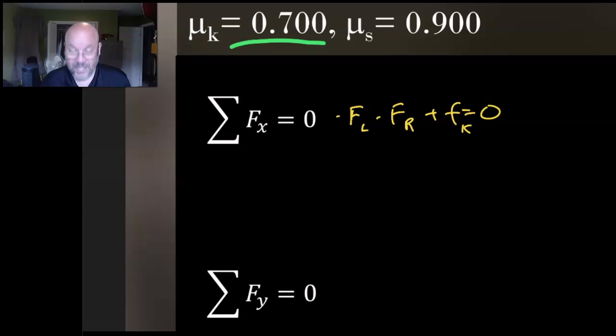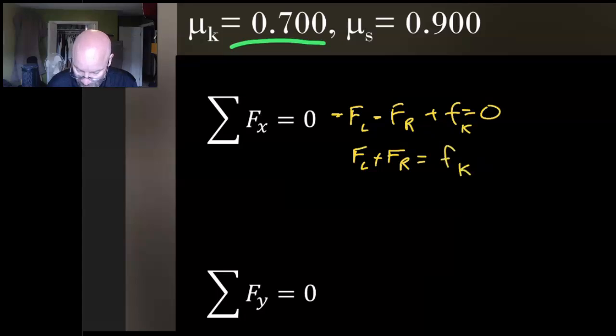So we get minus FL minus FR, just like that. So we get one relationship that tells us that FL plus FR have to equal the kinetic friction.